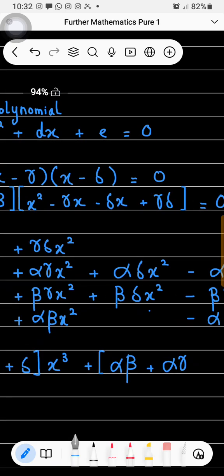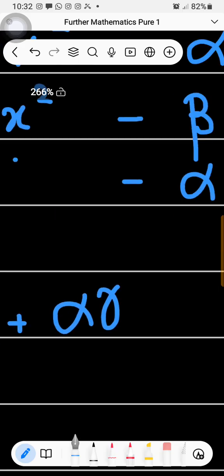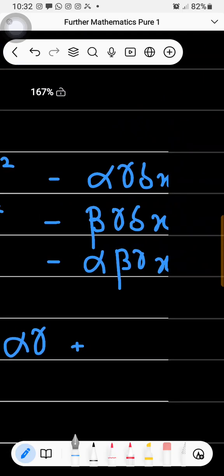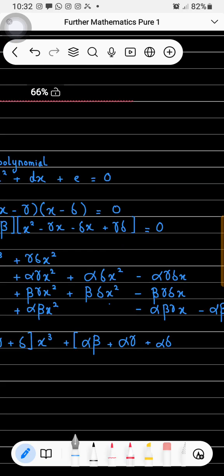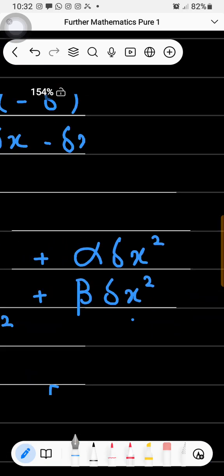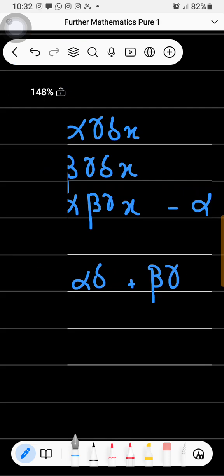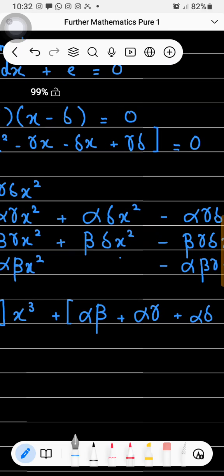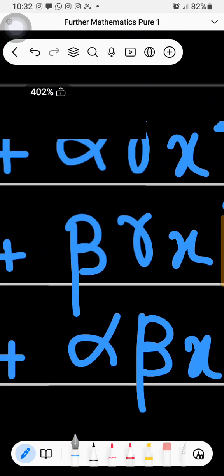Let's find out alpha gamma. This is alpha gamma. Then I will write alpha delta. Here is alpha delta. Now I will write plus beta gamma. Here is beta gamma.